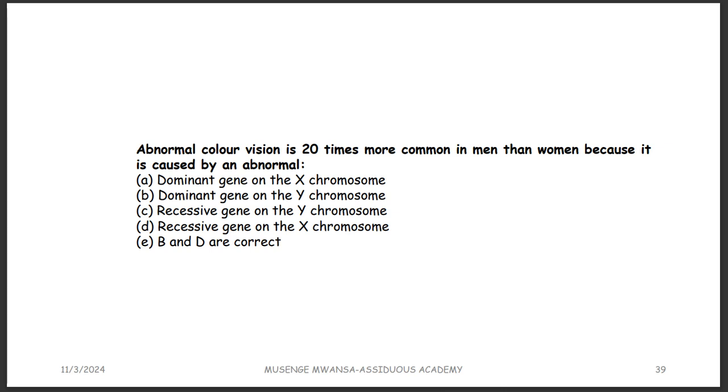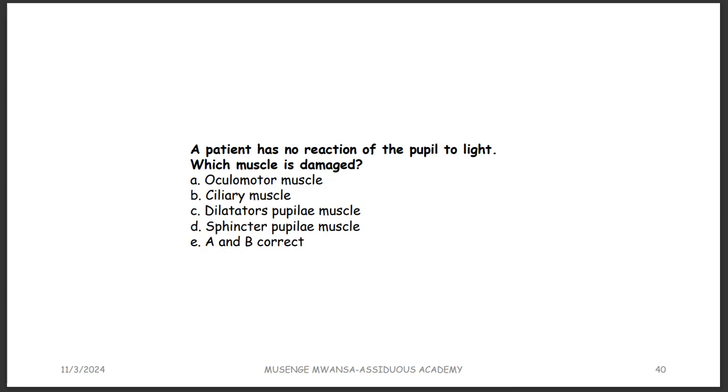Okay. So this is the first question that we have. Abnormal color vision is 20 times more common in men than women. What causes abnormal color vision? Hope the others can see. Are the others able to see the screen? Okay, all right, so we can move on. So we've said it's a recessive gene on the X chromosome.